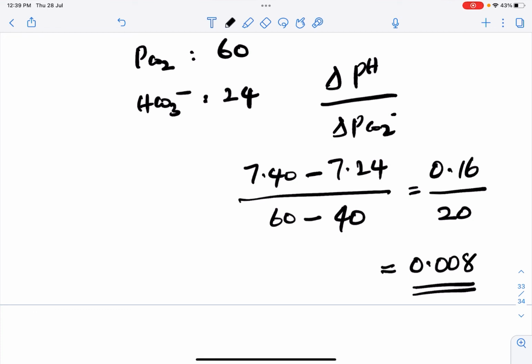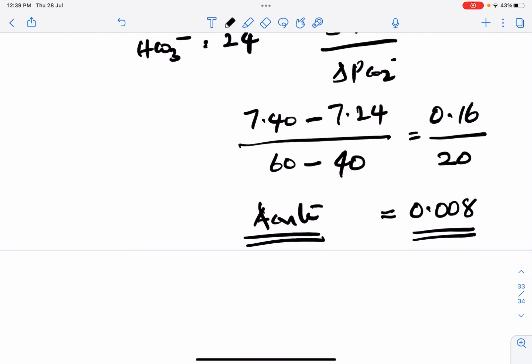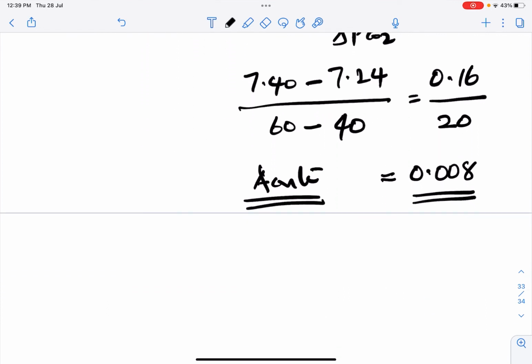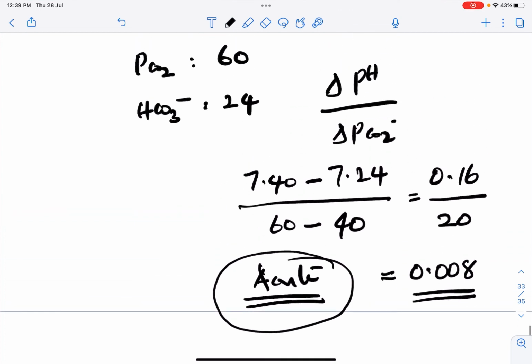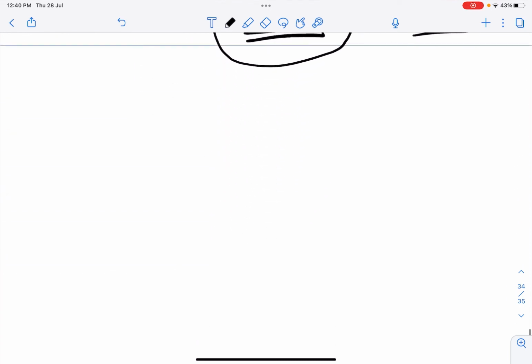So this is an acute condition. This is not chronic respiratory acidosis, it is acute respiratory acidosis. This is applicable for both respiratory acidosis and alkalosis, because we are just checking the changes, not taking the actual values. Okay, so after we have determined whether it is acute or chronic, we have to look for compensation.